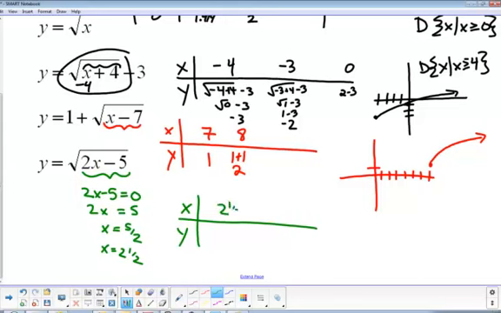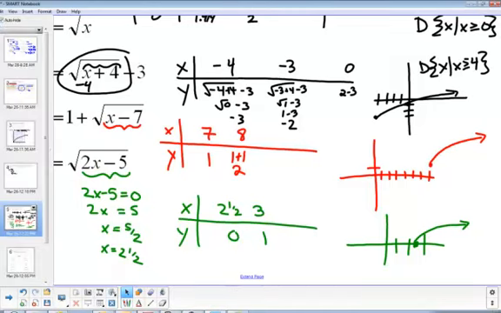And everything bigger than 2.5 will give us some sort of lovely number. So like if we plug 3 in, 2 times 3 is 6, 6 minus 5 is 1, the square root of 1 is 1. So everything above 2.5 will work. So if we look at that graph, 2.5 gives us 0, and then we've got that square root curve again.